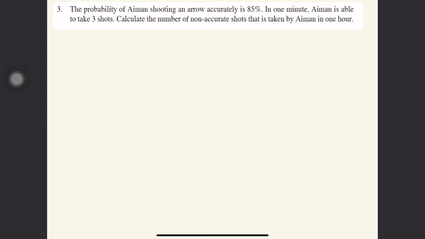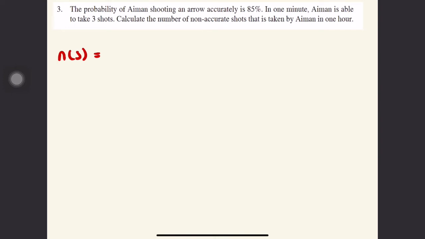From this question, we can calculate the number of sample space first, where n(S) is actually the number of shots that Aiman shoots in 1 hour.